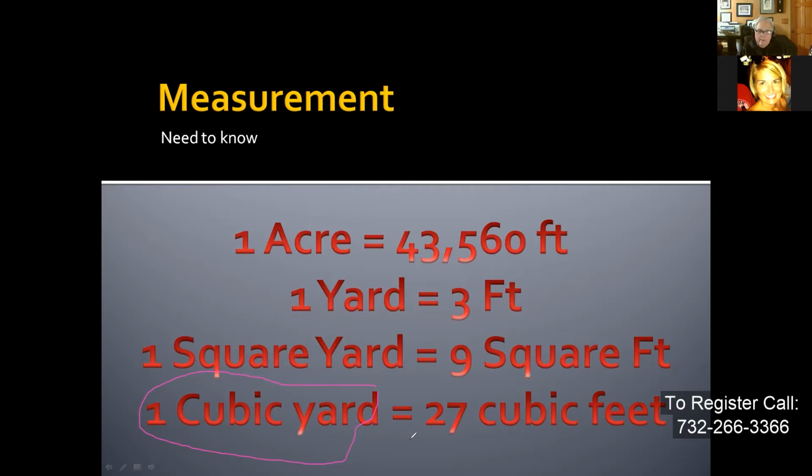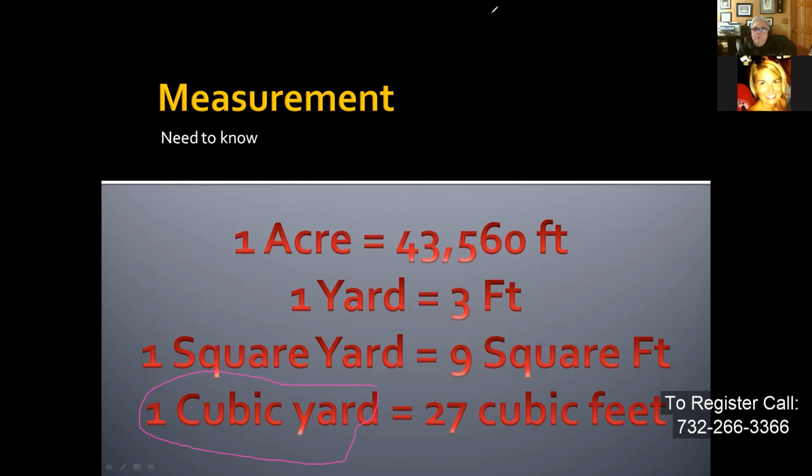How do we come up with 27? Because there's 3 feet in the yard. So we're going to multiply 3 feet times 3 feet times 3 feet. And 3 times 3 is 9 times 3 is 27. And that gives us 27 cubic feet. So 27 cubic feet is the same thing as 1 cubic yard.